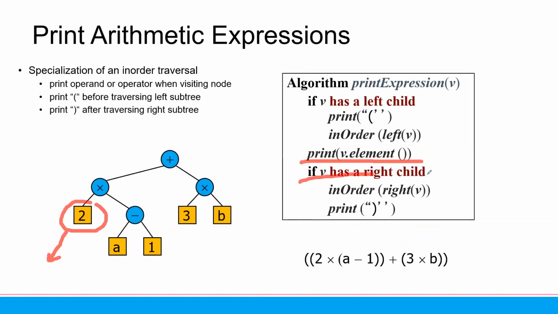Then we check, is there any right child? If there is, we go to the right child and do the in-order. If we finish everything in the right, then we close with the parenthesis. So this is the opening, and this is the ending of one operation. This is the extension from the in-order traversal.